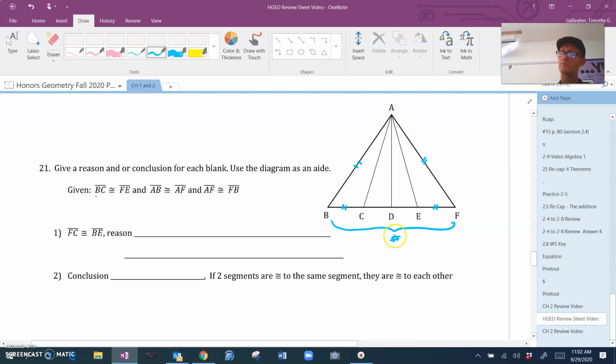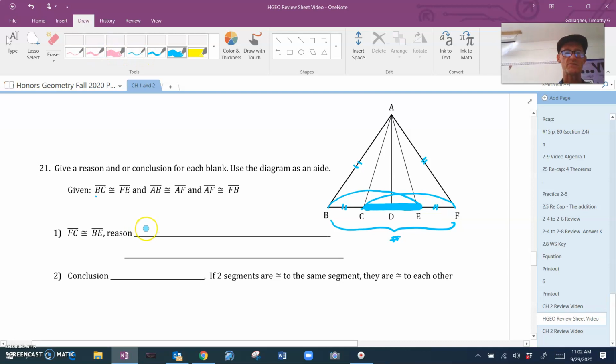So the first thing says that FC, which is this segment here, is congruent to BE, which is this segment here. Now, if you don't see it, this segment here, CE, was added to these two congruent ones.